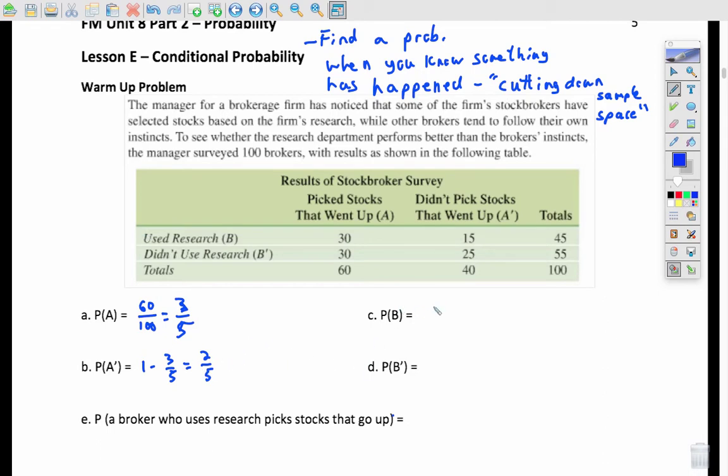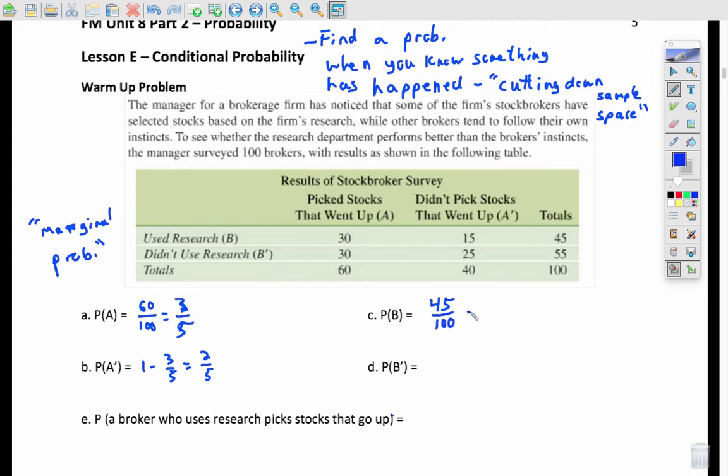Okay, so what's the probability that a broker used research? Well, out of the ones that used research, the total number was 45. And you can get that from the margin of the table, if you will. This is called a marginal probability, and you get that from using the margins of this two-way table.